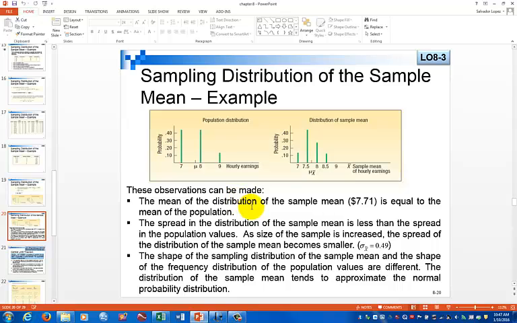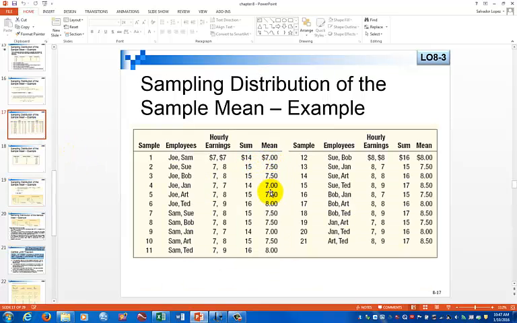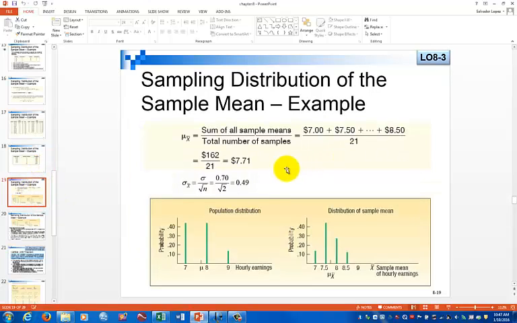These observations can be made, or we can conclude the following. The mean of the distribution of the sample mean, 7.71, is equal to the mean of the population. If you calculate the average of the sample means, or the average of the averages, add them up, divide by 21, based on the previous table, you also get 7.71.